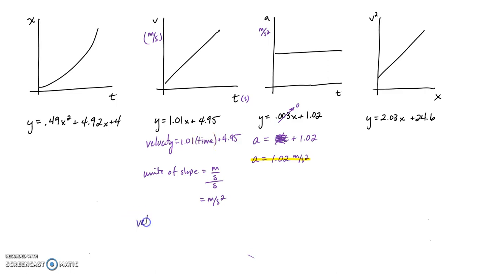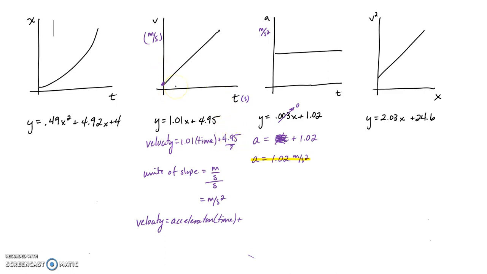So I've got velocity equals acceleration times time, plus, and then what's this 4.95? Well, that's my y-intercept. So that's my velocity when time is 0, which is right here.